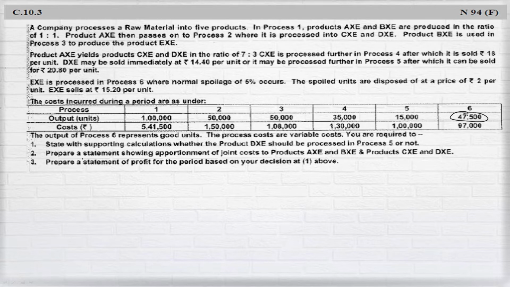You are required to state with supporting calculation whether the product DXC should be processed in 5 or not. A statement showing apportionment of joint cost to product AXC and BXC and product CXC and DXC. Prepare a statement of profit for the period based on your decision at one above.